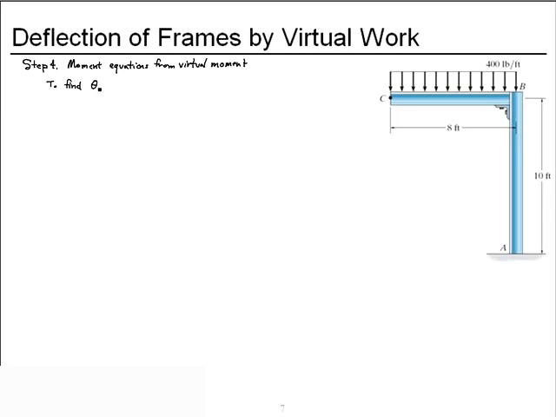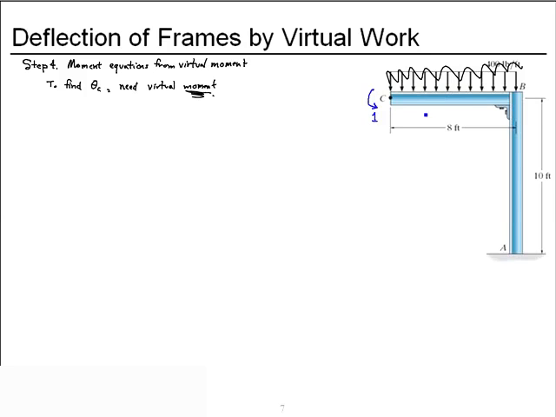To find the slope at C, we need to apply a virtual moment, not a virtual force. So again, we remove the real load and apply a virtual couple moment at C of magnitude 1.